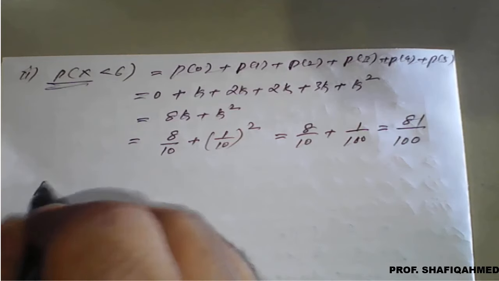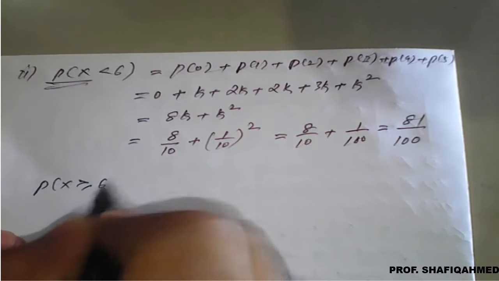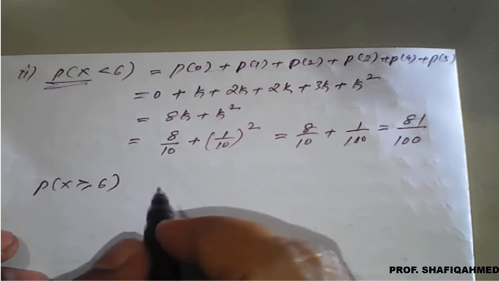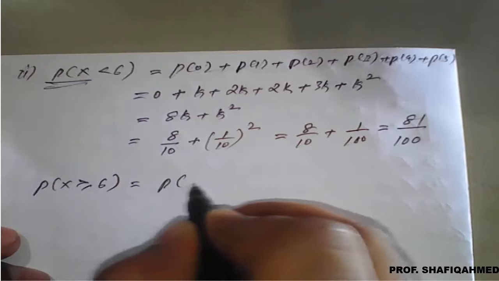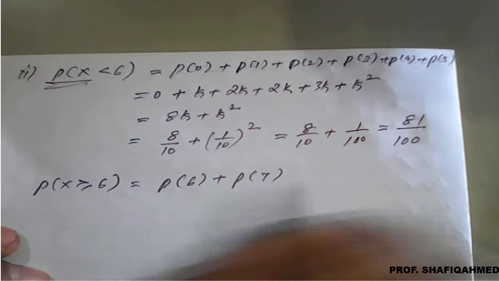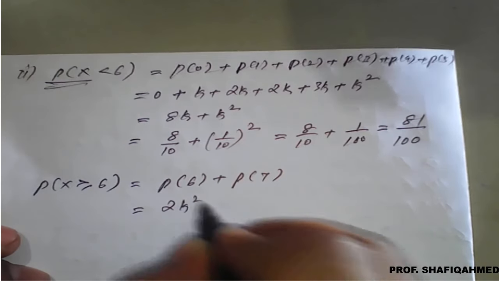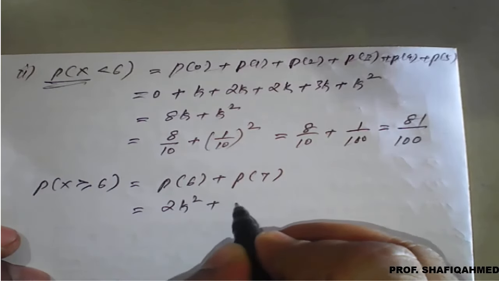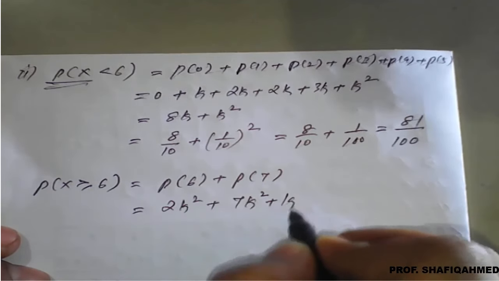Second one is P of x greater than or equal to 6, they have told. So greater than or equal to 6 means who will come here? P of 6 also comes, and the last one, P of 7, will come. Both will come. So P of 6 is nothing but 2k square, and P of 7 is, according to the table, 7k square plus k.